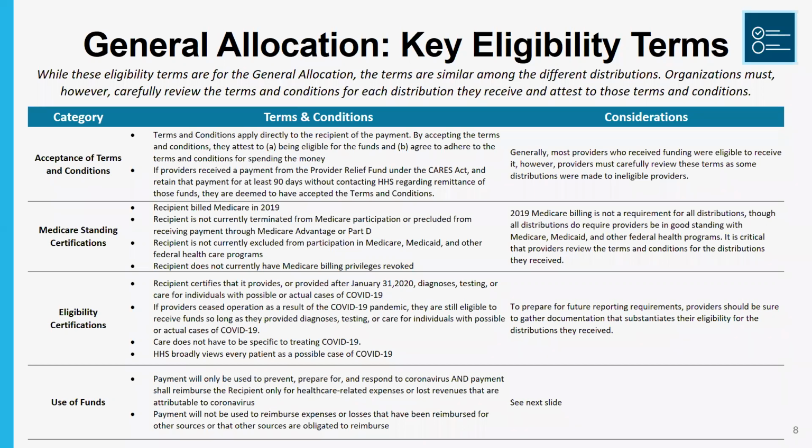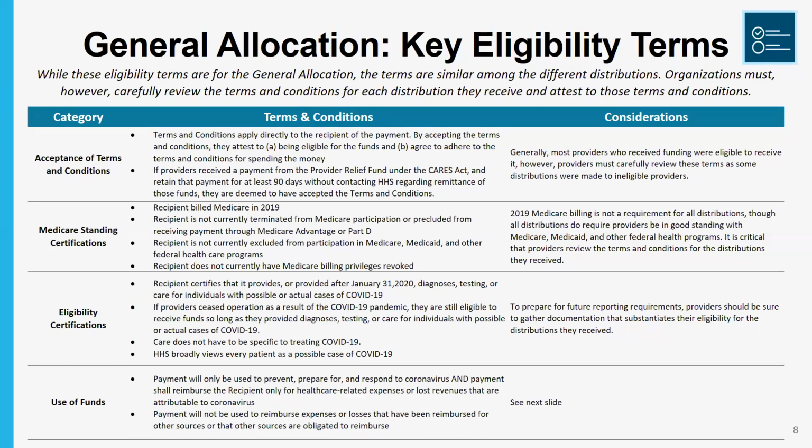At that point, a provider can feel comfortable that they were eligible to receive the funds. So that piece of it, eligibility, is pretty straightforward, and we think that most providers are going to be eligible.